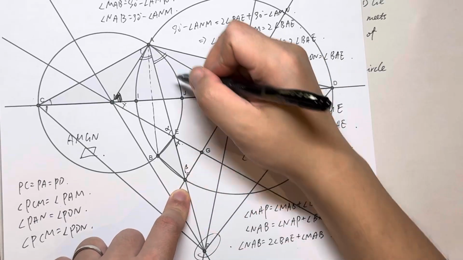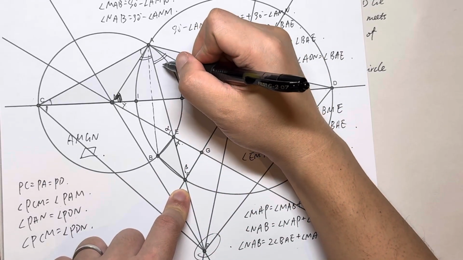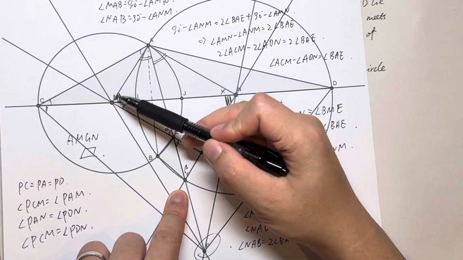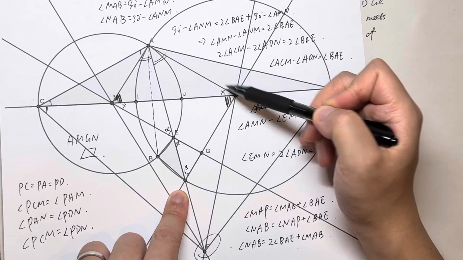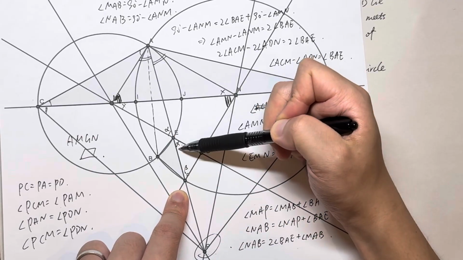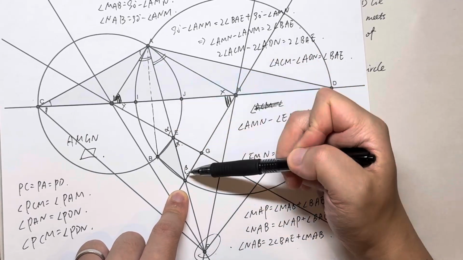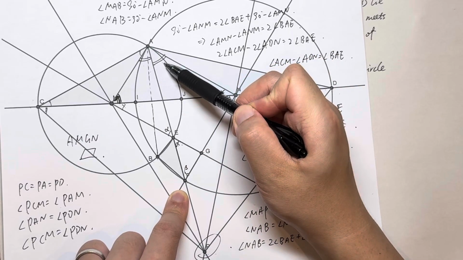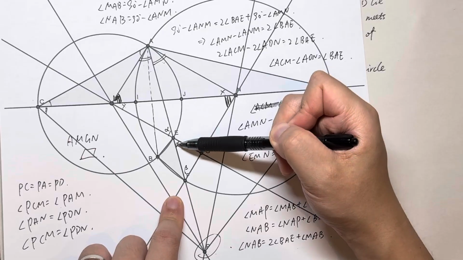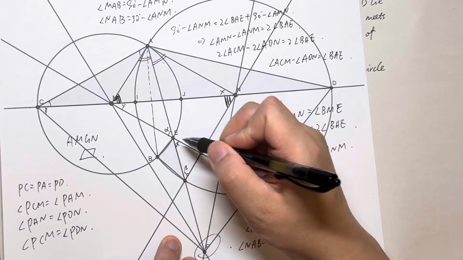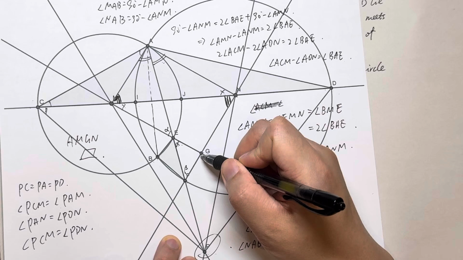So this is beta, which means alpha equals to beta, because the angle MAP equals to angle NAP. You get it? This one equals to this one. So we find that EG equals to FG.